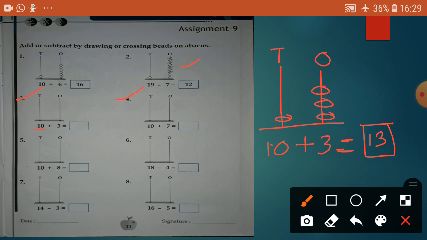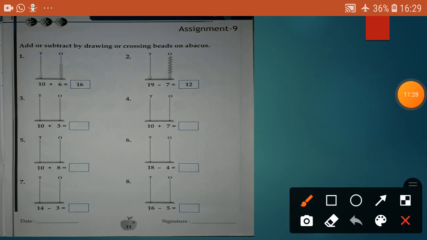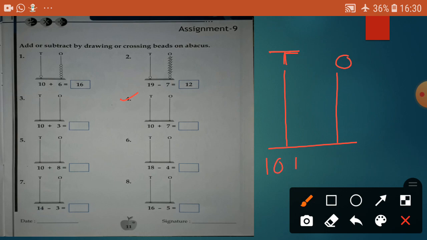Next, question 4. I write tens and ones first. See here, 10 plus 7. I draw here the beads, 1 ten, plus 7: 1, 2, 3, 4, 5, 6, 7.